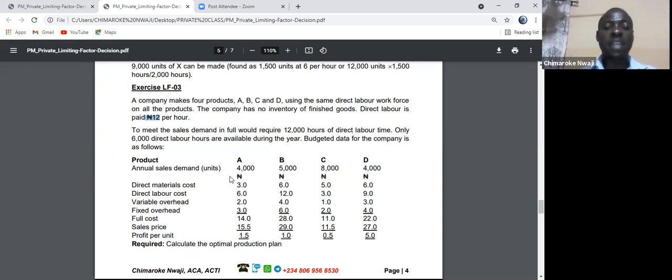So it means that if you had paid 6 naira for 1 unit of A, how many hours did you spend for you to have been paid 6 naira? You simply say 6 divided by 12 naira, meaning you spent 0.5 hours. You spent 30 minutes.